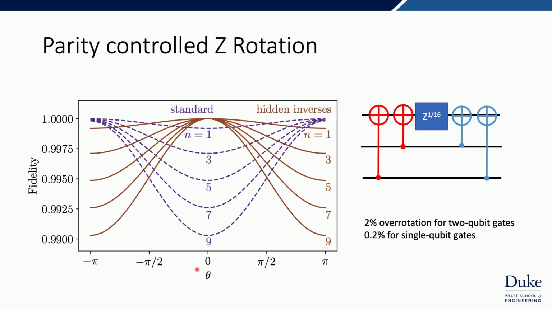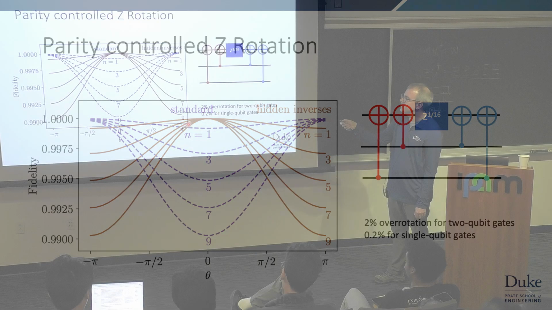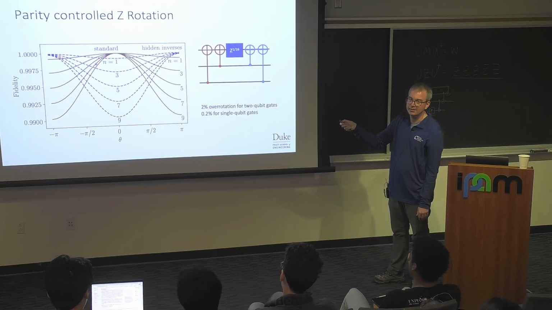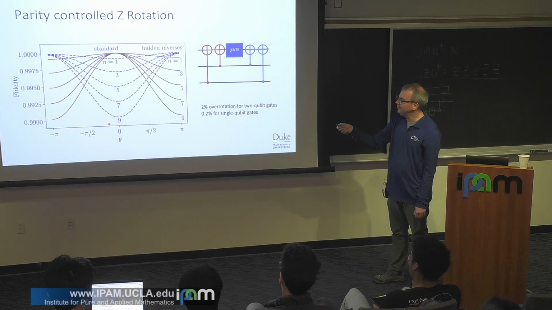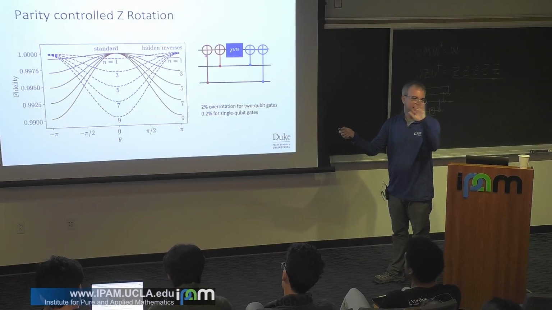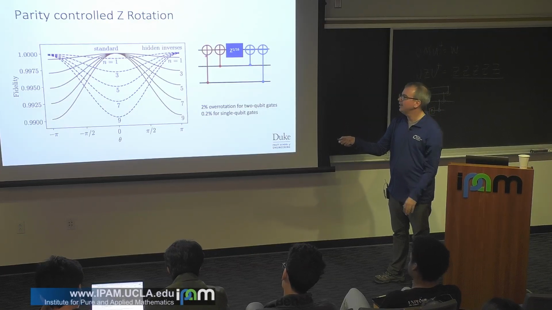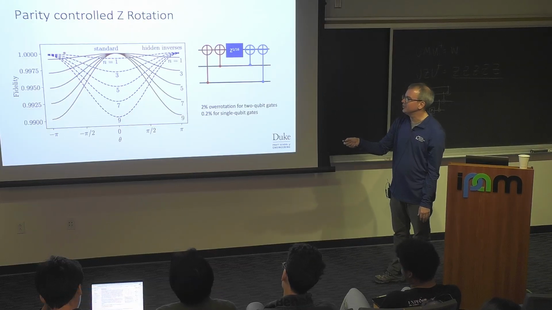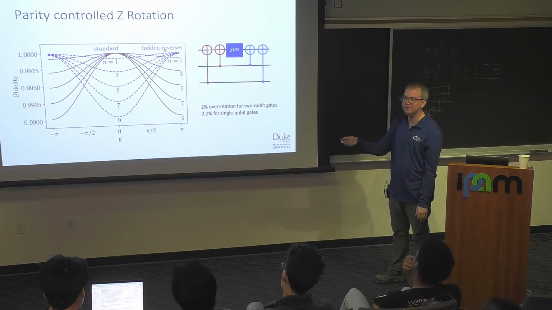We see that as long as the angle is small, which is also common if we're doing trotterization, doing the hidden inverses greatly increases the fidelity. However, if Z is close to pi, we're basically flipping the noise, which is intensity noise anyway. And so then we should just use our standard circuit, which is the purple dashed here, right?